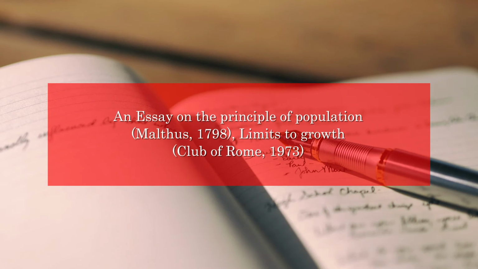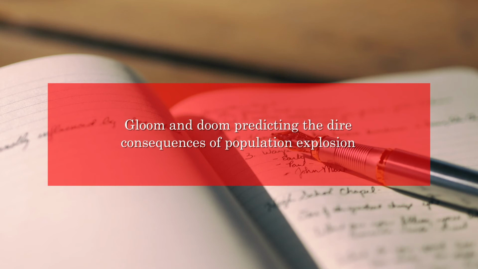A few of the publications were An Essay on the Principle of Population by Malthus in 1798, then Limits to Growth published by the Club of Rome in 1972. In their publication, it was mentioned that the gloom and doom predicting dire consequences of population explosion, the human population explosion across the globe, is going to affect resources, leading to a resource crunch.